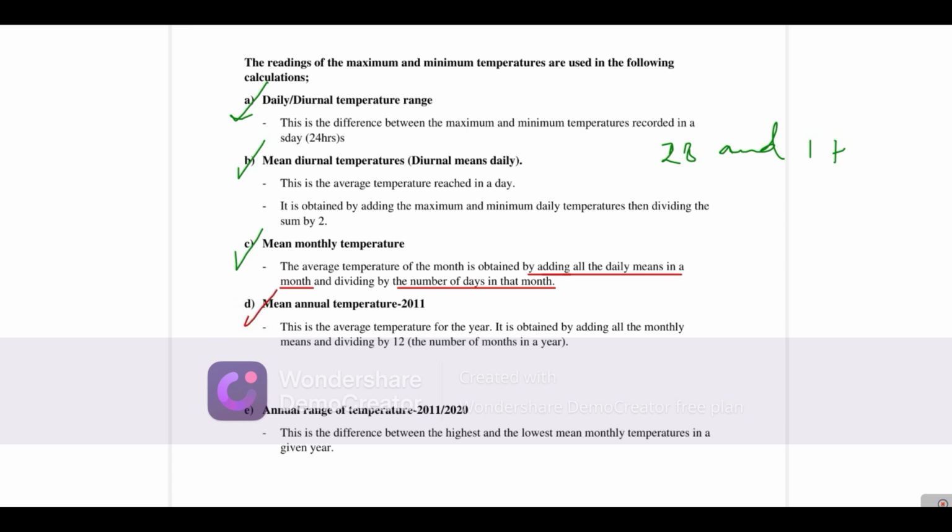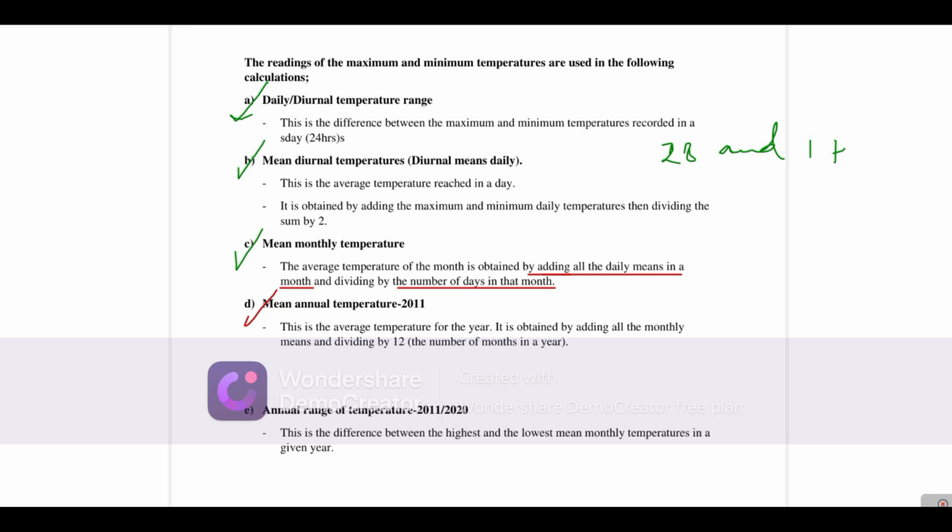Let's move to mean annual temperature. Annual is being used to refer to year. So when we talk about the mean, we get the sum of the numbers divided by the number of items. That is how we calculate mean. Now when we talk about the mean annual temperature, we mean the average temperature for a whole year.